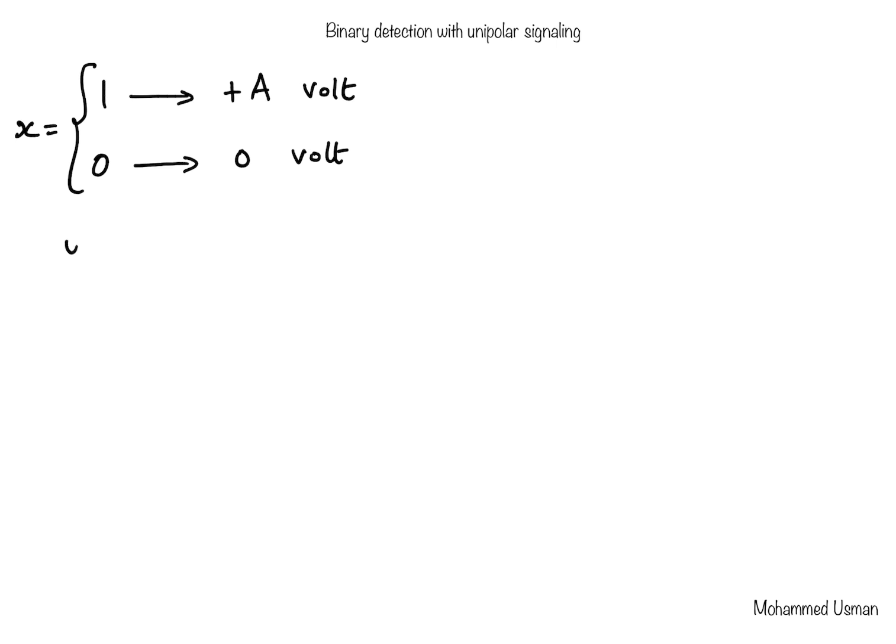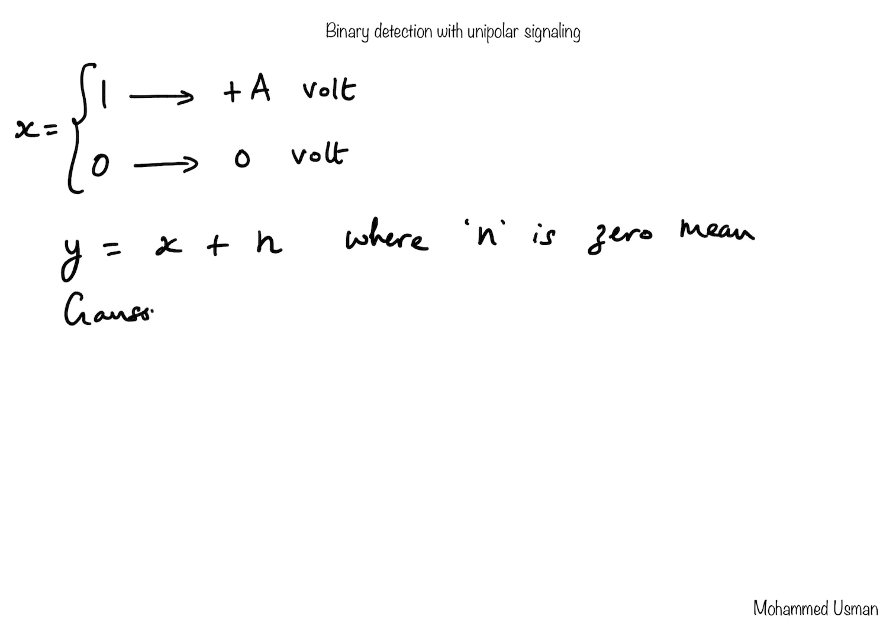So the received signal is going to be y equals the transmitted signal plus noise, where the noise n is 0 mean Gaussian noise with standard deviation sigma, and it could be any value of sigma, but the mean value mu is equal to 0.